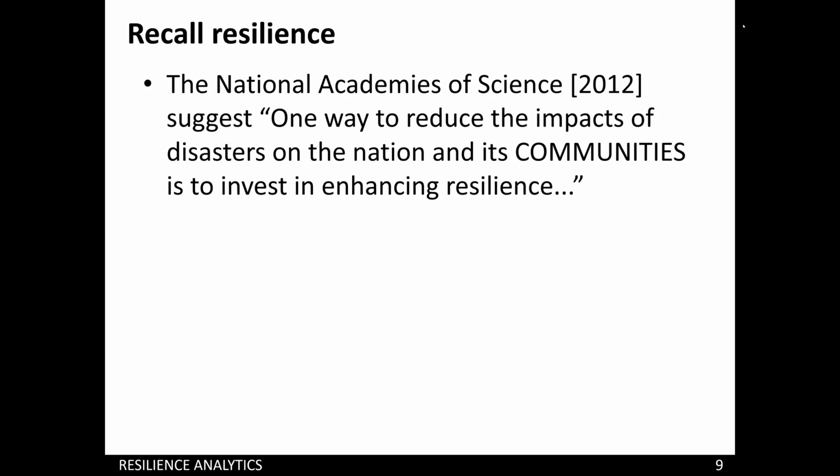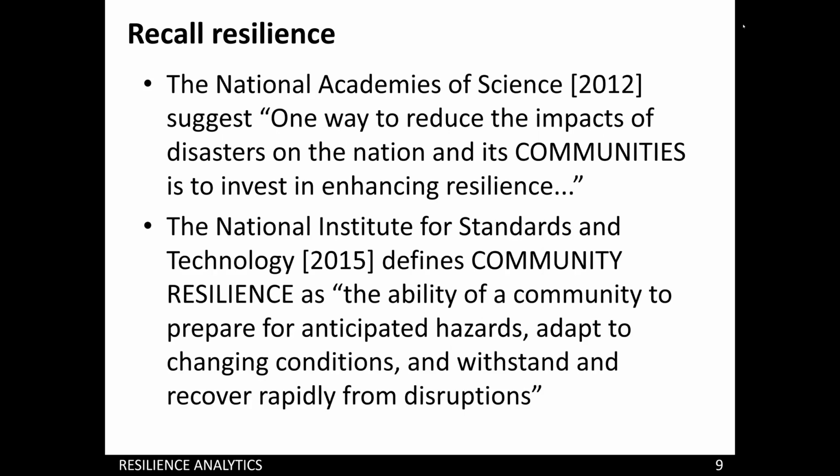And the quote here is, one way to reduce the impacts of disasters on the nation and its communities is to invest in enhancing resilience. And then more recently, the National Institute for Standards and Technology defined community resilience in particular as the ability of a community to prepare for anticipated hazards, adapt to changing conditions, and withstand and recover rapidly from those disruptions.